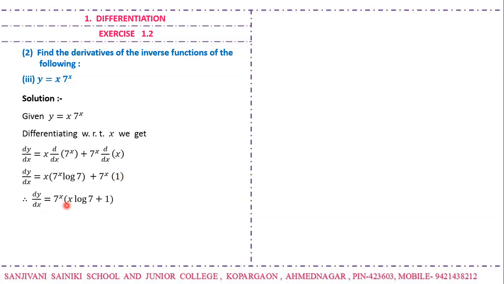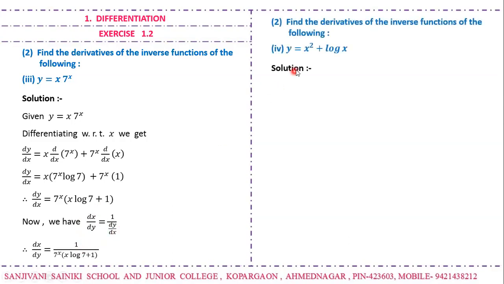So dy by dx is 7 raised to x times x log 7 plus 1. Now using the formula dx by dy is equal to 1 upon dy by dx, this dx by dy is the derivative of the inverse function of y. So put the value, we get the derivative of the inverse function.